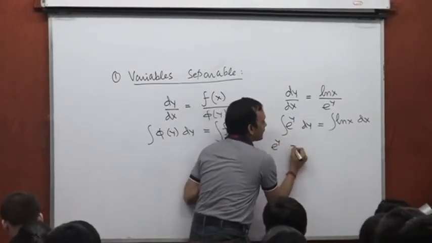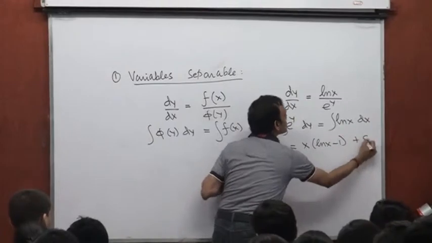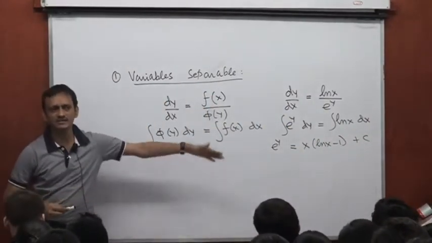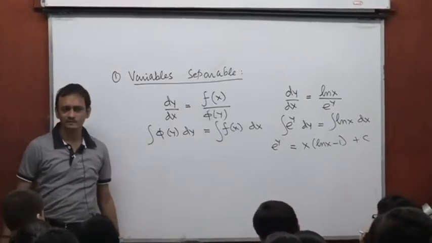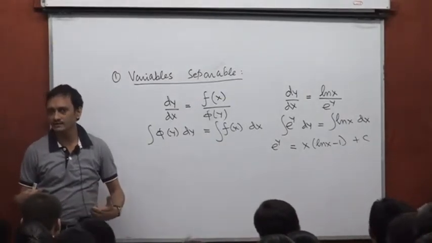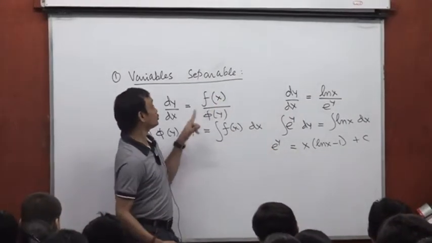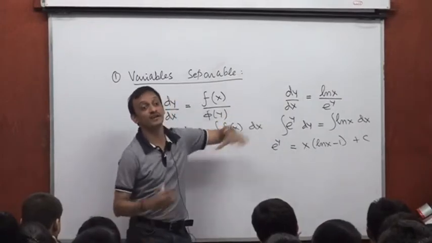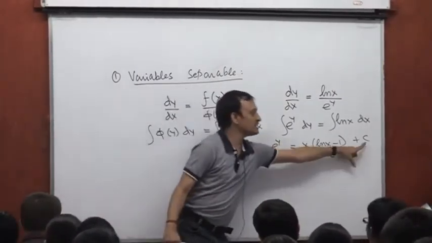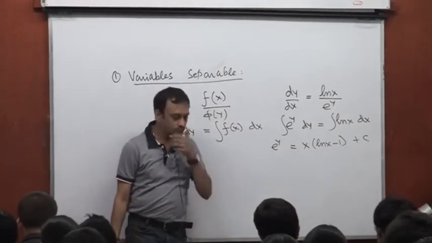E power y then would be x into (ln x minus 1) plus an arbitrary constant. When you integrate ln x, by parts, this is what you get, x into (ln x minus 1). So this then becomes the general solution to this differential equation, in which the variables are so easy to separate, with c as an arbitrary constant.